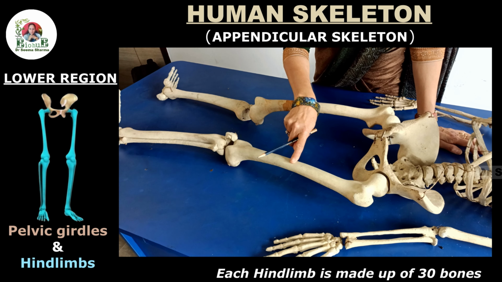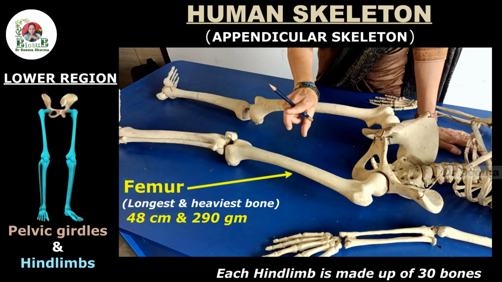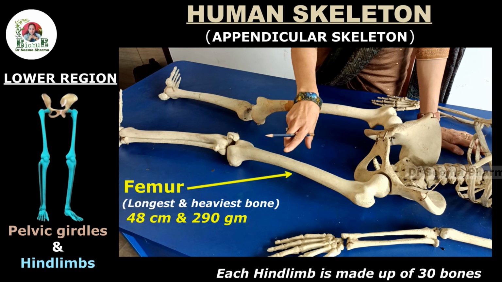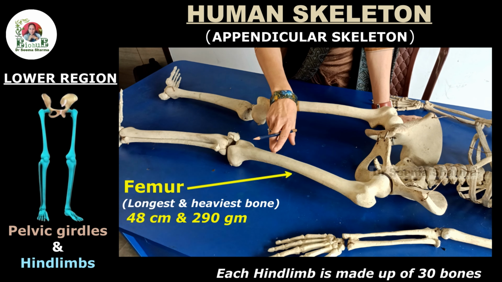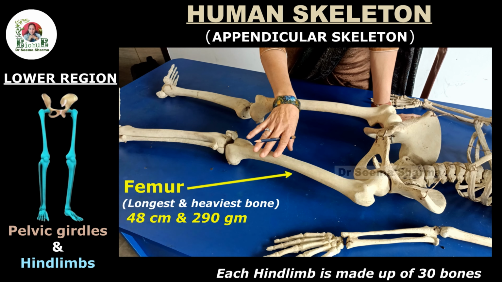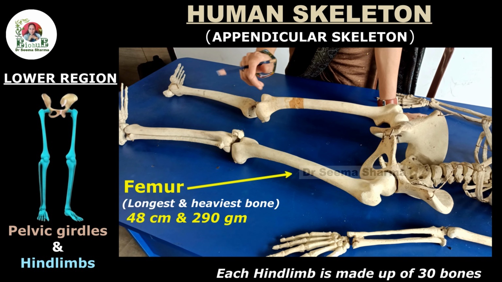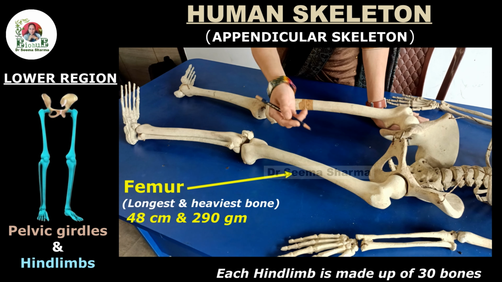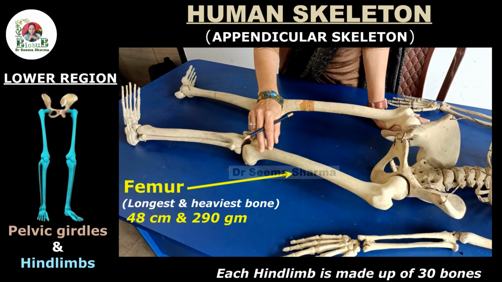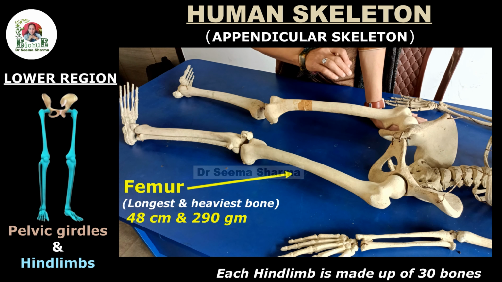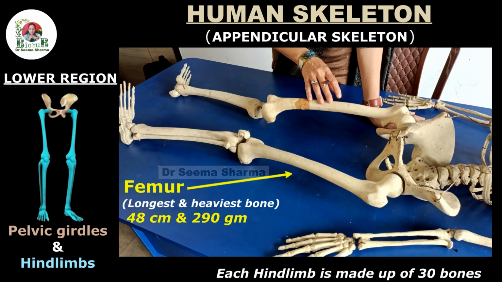The thigh or the upper part of hind limb is supported by the longest and heaviest bone of a human body called femur. It's 48 centimeter or 18.9 inches in length and weighs around 290 grams in adult male.